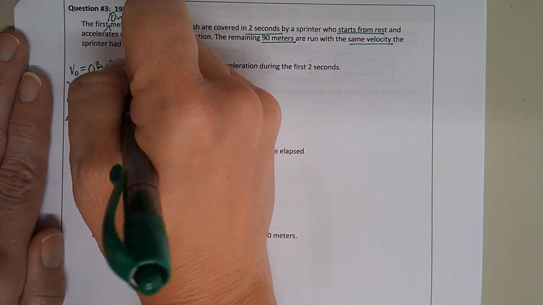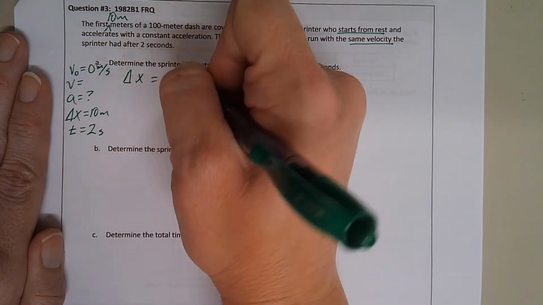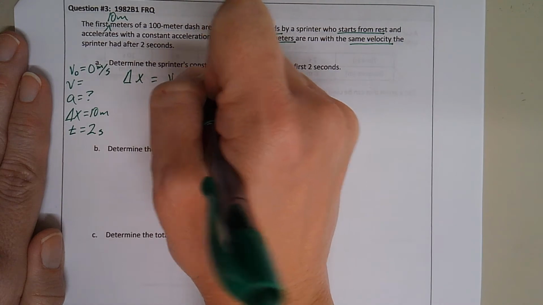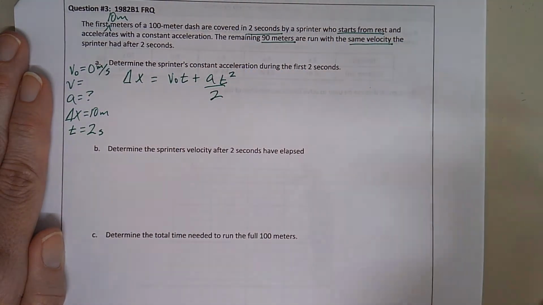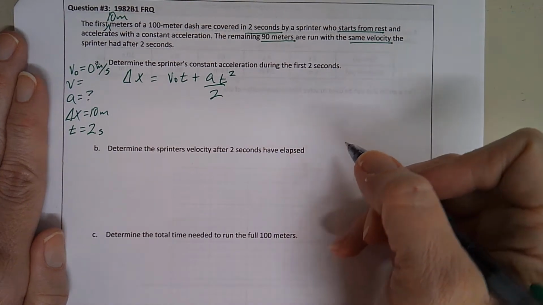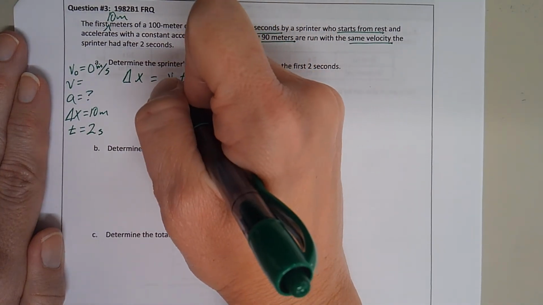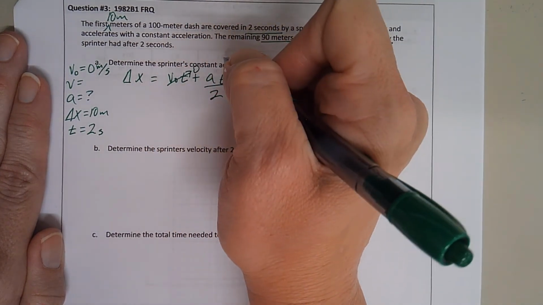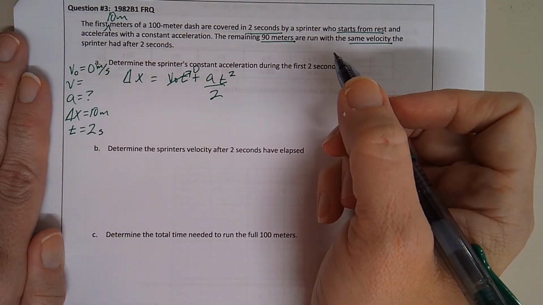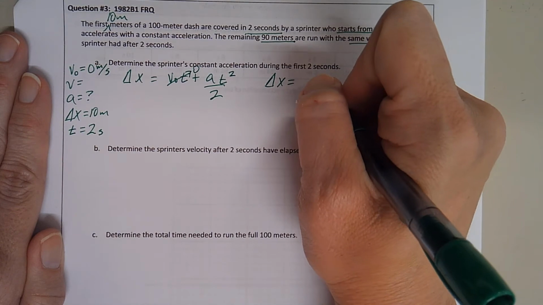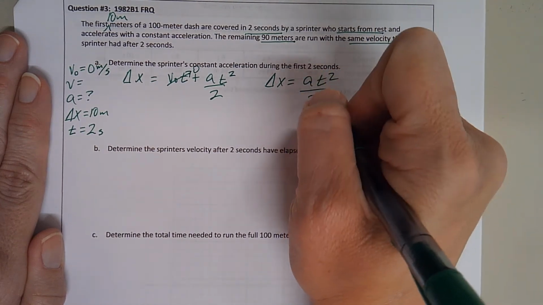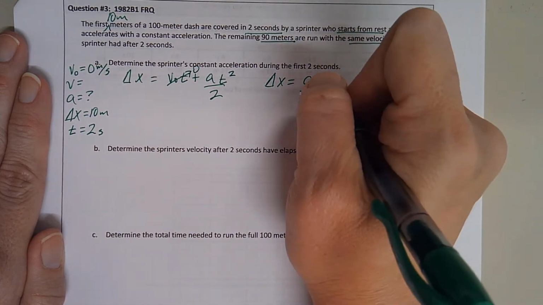So I can say my delta x equals v naught t plus at squared over 2, or 1/2 at squared, but again, I just don't really like fractions. My v naught t is going to go away because my initial velocity is 0. So then my delta x simply equals at squared over 2. I need to get my a all by itself.